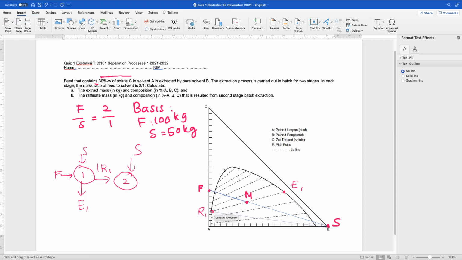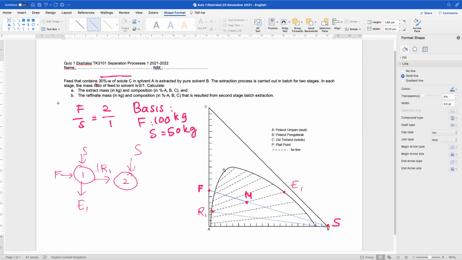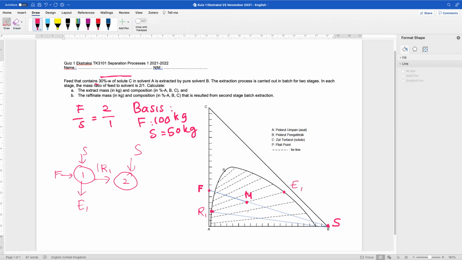Okay, and with the similar approach, because the solvent ratio, alpha, is always 2 to 1, you can draw again, for example, your M, maybe again divided into 3, something like that, for example in this area, let's say, and then you draw again there, and then you get the E2 and the R1.